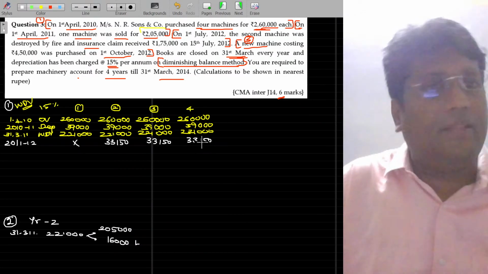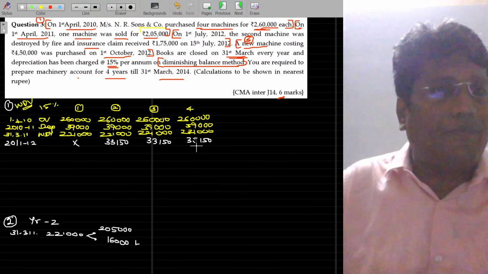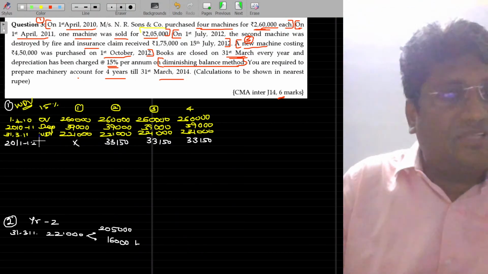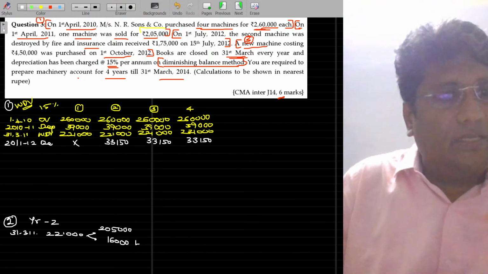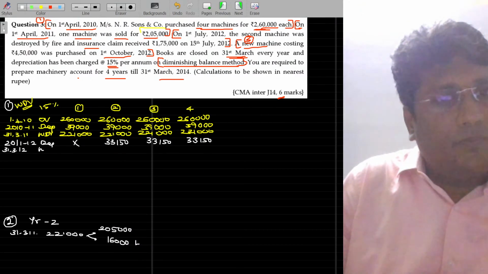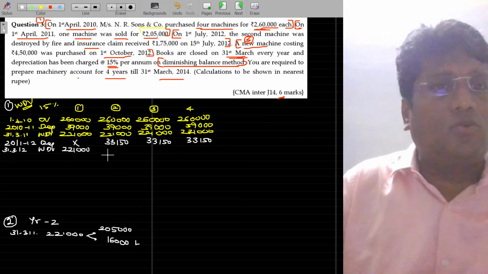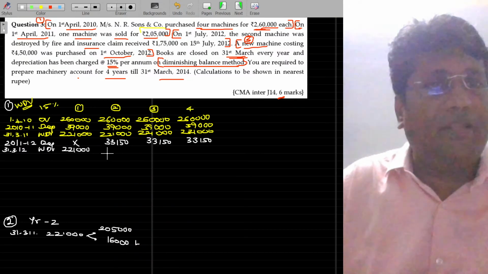No other things happen in the year 11 and 12. So we have to subtract this depreciation for the year 2. After this, we'll get the WDV as on 31/3/12. The WDV for the first year being 2 lakhs 21,000. What about the second year? 2 lakhs 21,000 minus 33,150.